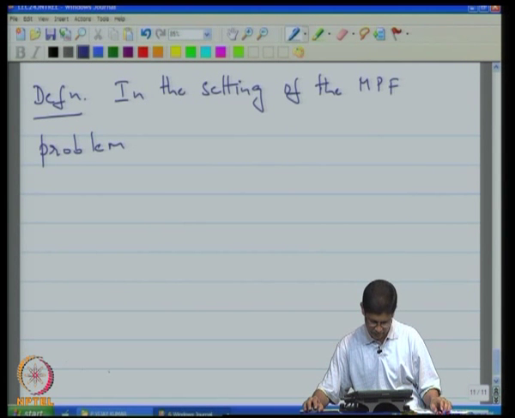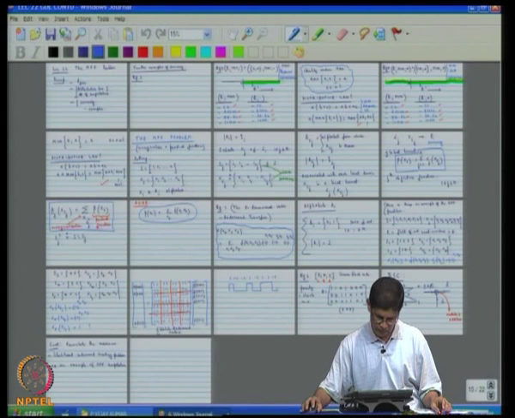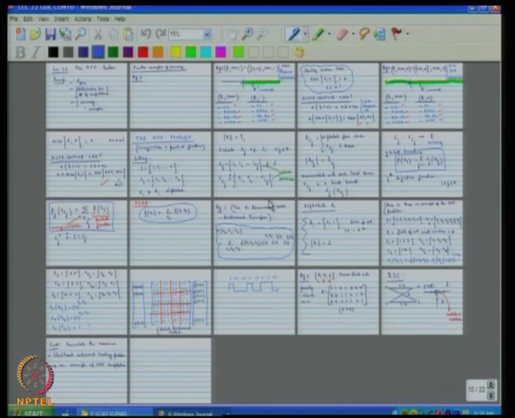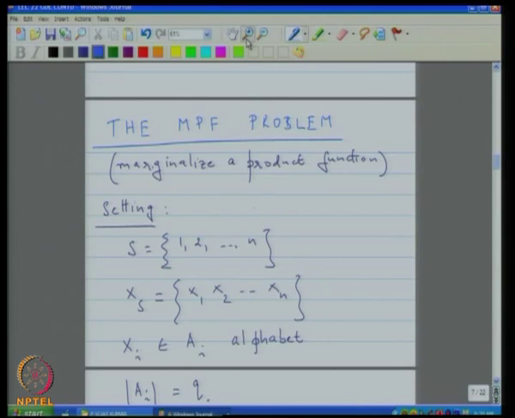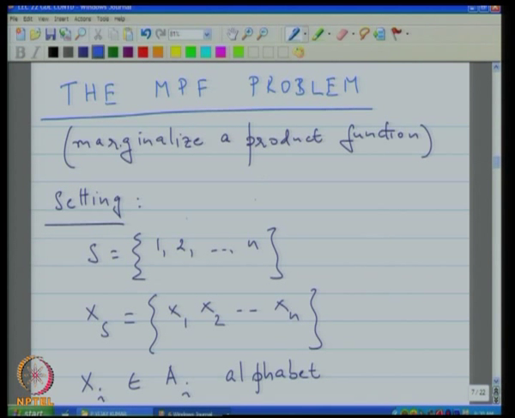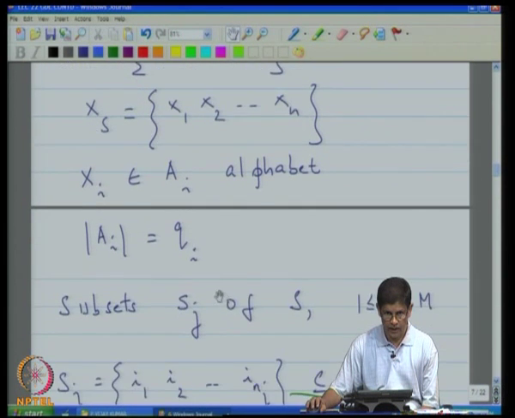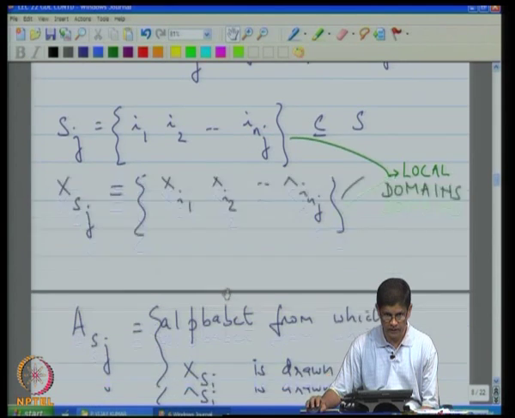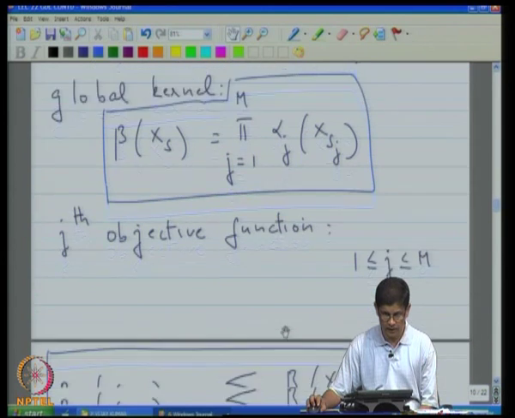So, let us quickly review what we mean by that. The setting of the MPF problem, from a couple of lectures ago, was where you had a universal set of variables and you had subsets which we call local domains, and you had local kernels, global kernels, and so on.